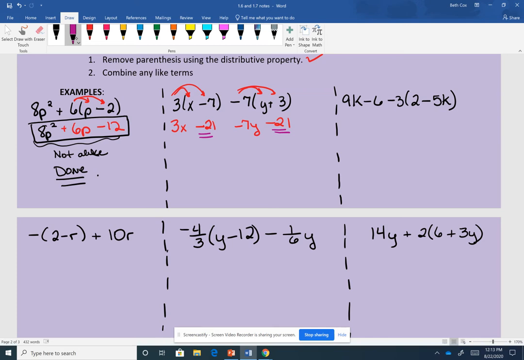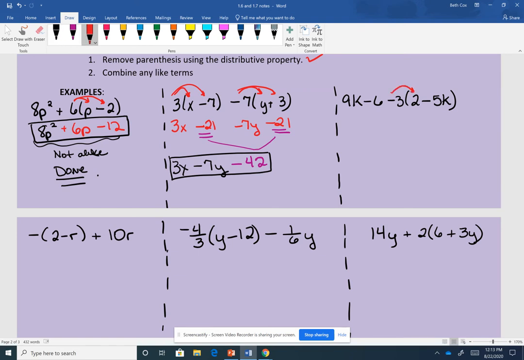So to combine them, I'm going to add them and keep the sign. Now these other two are not alike, so I'm just going to write them down. And now I'm done because they're not alike. All right, next one.